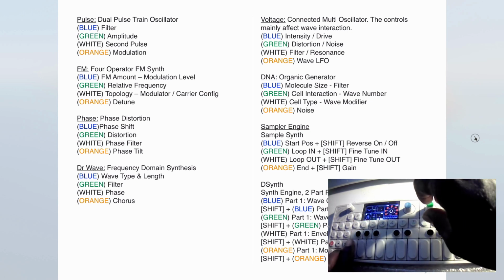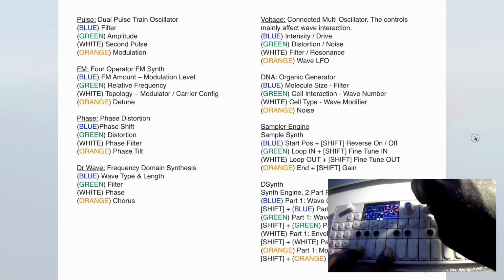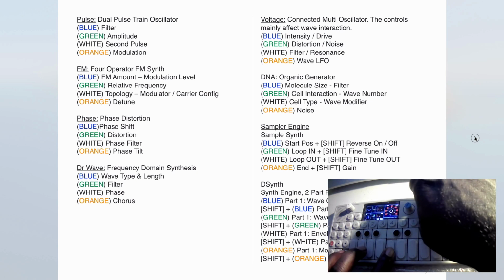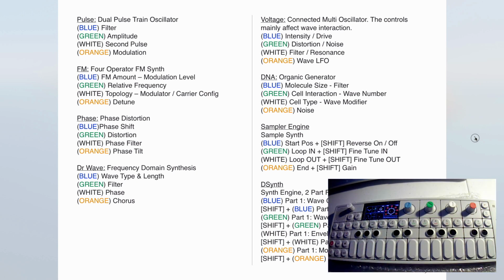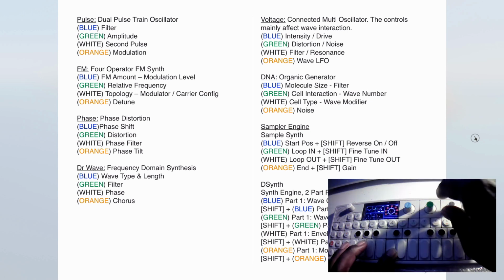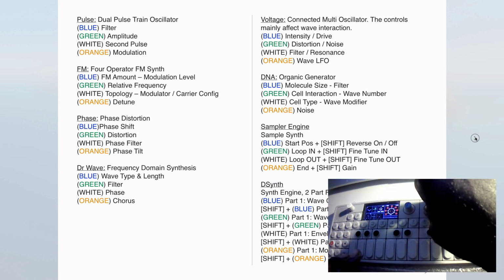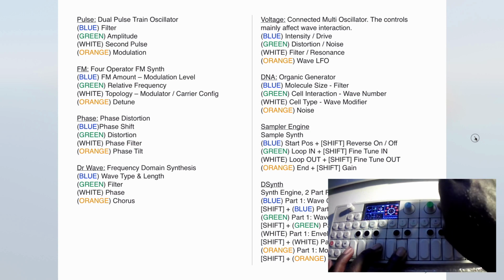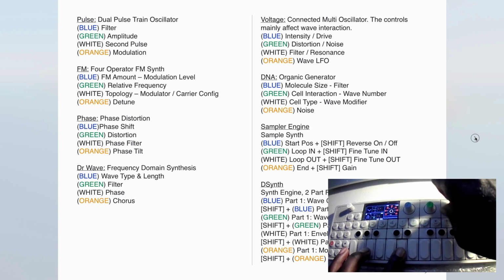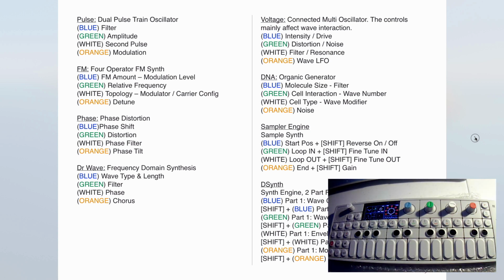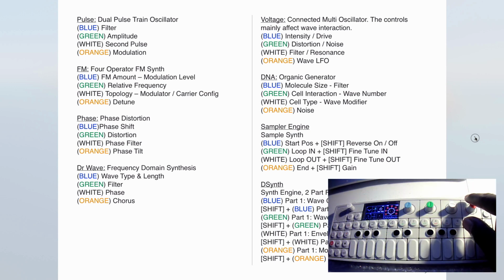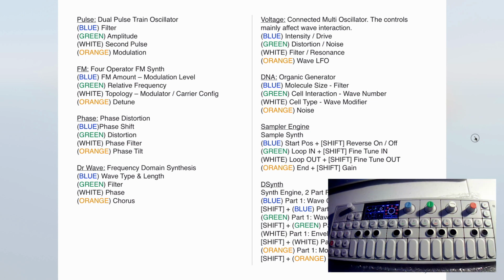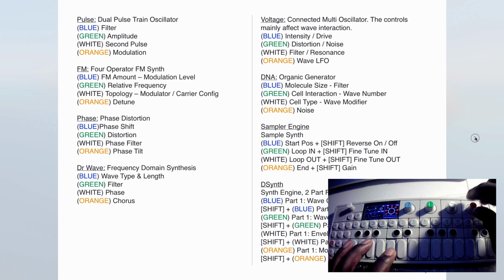And then shift, you control the second oscillator's wave type. Orange, sorry, the white controls the envelope. And shift does it on the second oscillator. And then last but not least, orange controls the ring modulation, cross modulation, mix, etc.